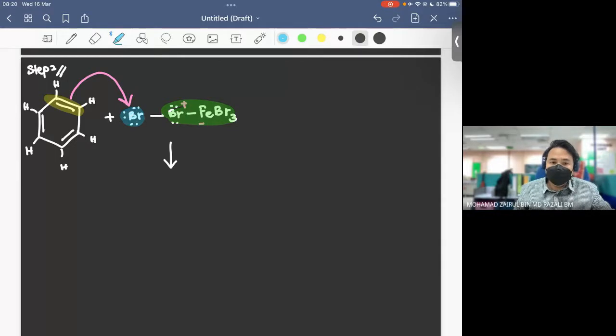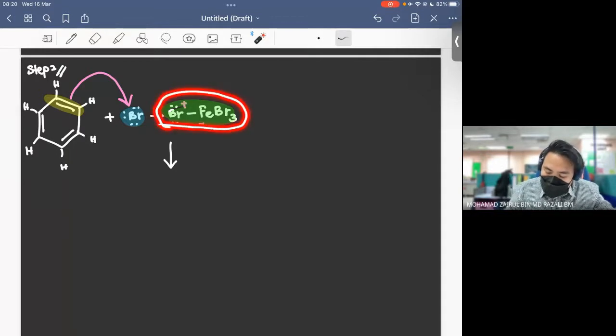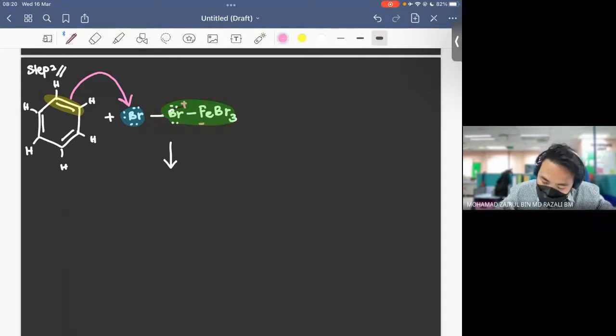So apa yang dia boleh buat adalah, in order for this bromine to break away from this part of the molecule, awak tengok dia boleh bagi a pair of electron. Sebab apa? Sebab this bromine kan ada positive charge, so dia are able to accept electron.